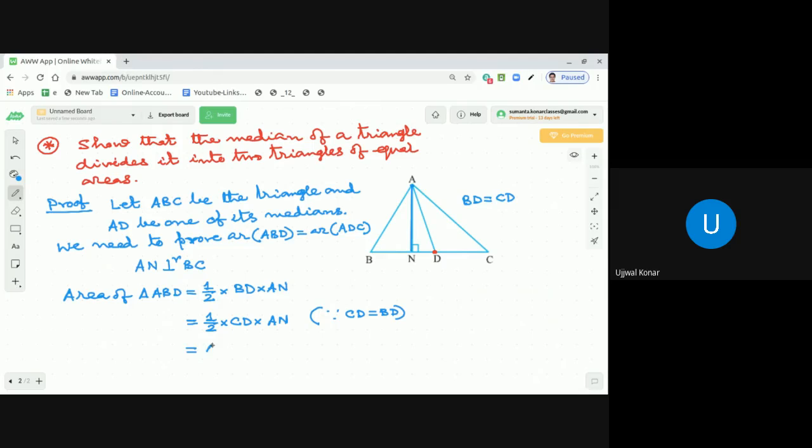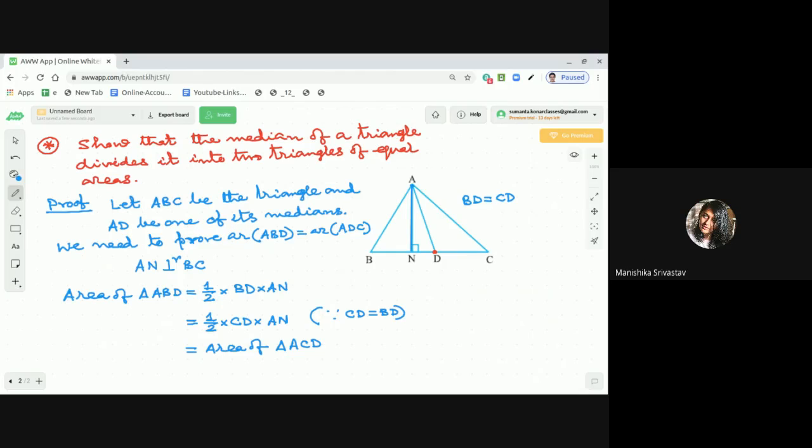So that is equal to the area of the triangle ACD. We proved that the area of the triangle ABD is equal to the area of the triangle ACD, and it confirms the statement you wrote in red, that the median of a triangle divides it into two triangles of equal areas. Is it clear, dear students? Any smallest question you have? Clear, sir. Okay, great.